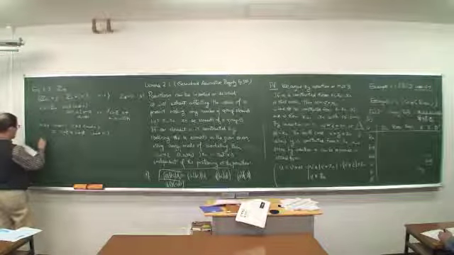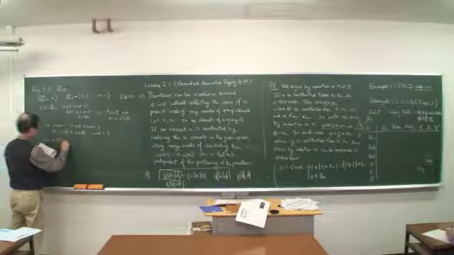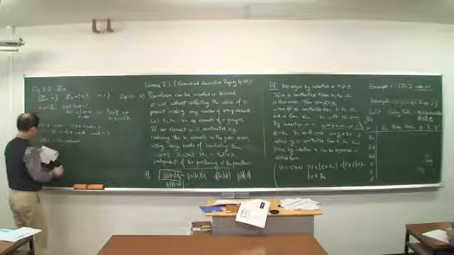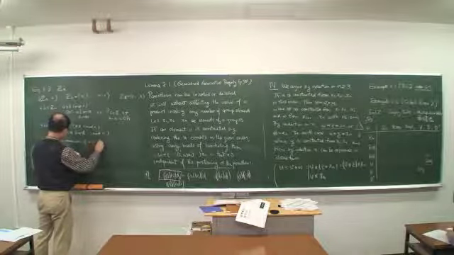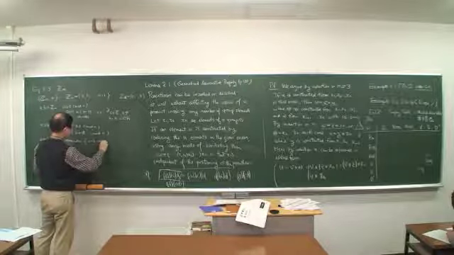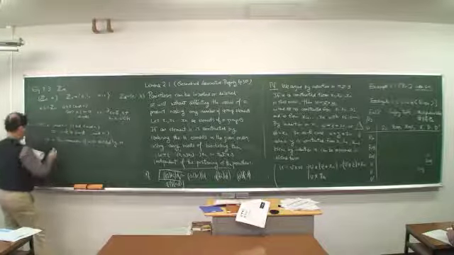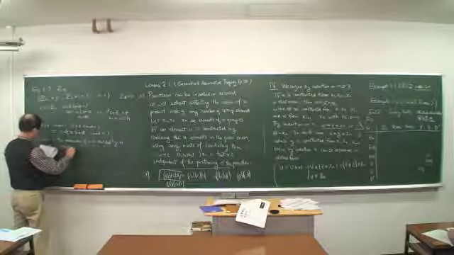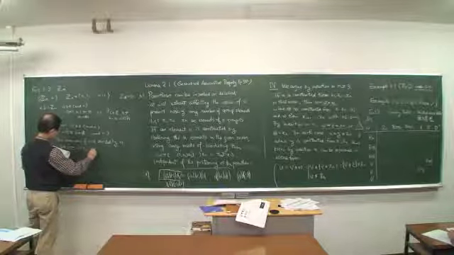So if we set a plus b to be the remainder of a plus b divided by n, then a plus b equals a plus b modulo n.